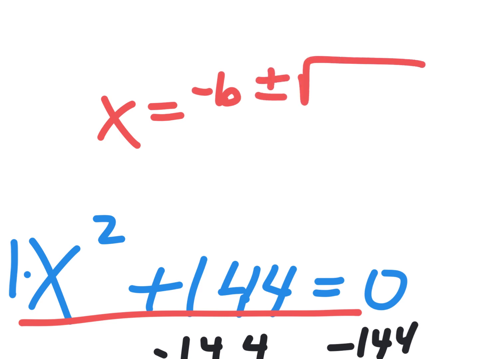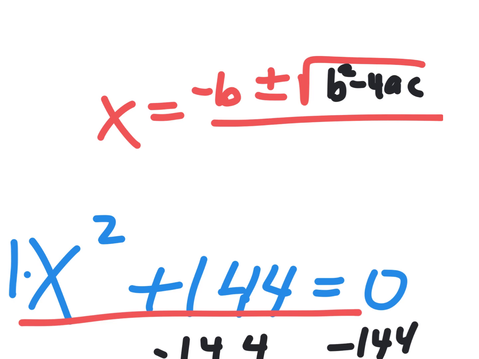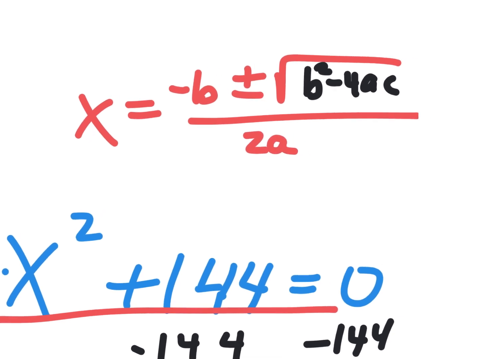We're solving the same equation. Don't be surprised if we get the same answers. I just want you to see that the quadratic formula, why did I make that a different color than the rest of it? Because that black part is the discriminant. Very good.